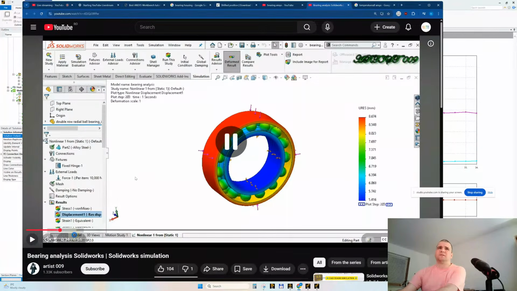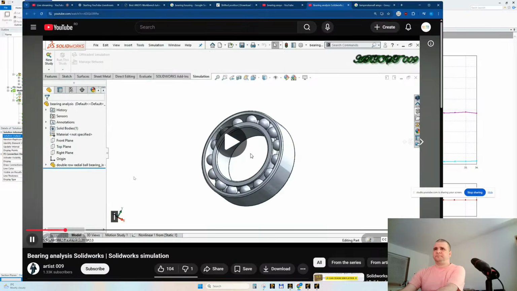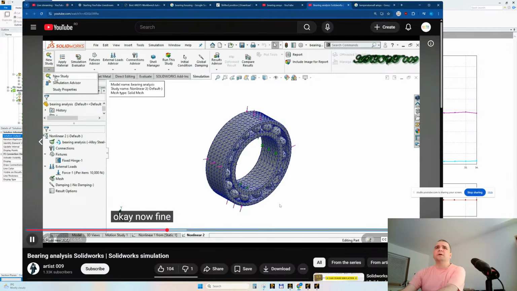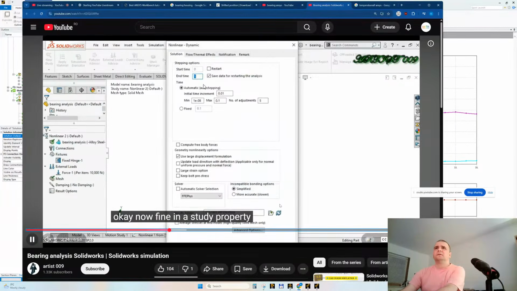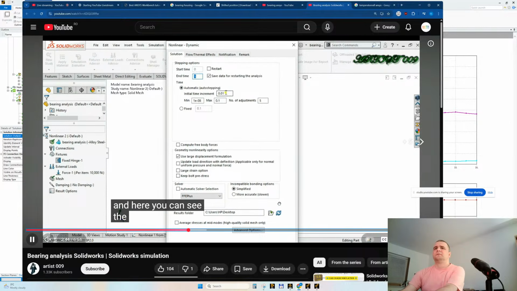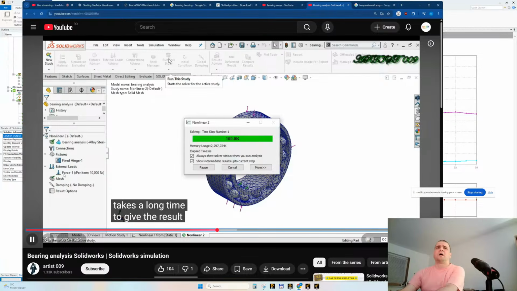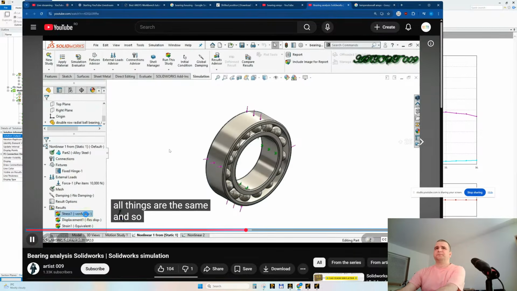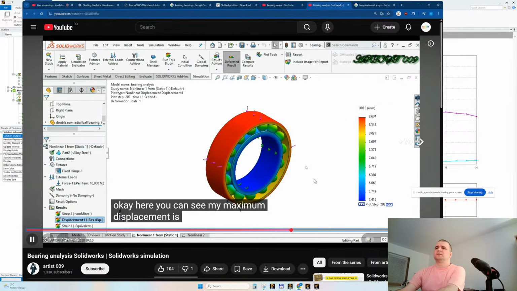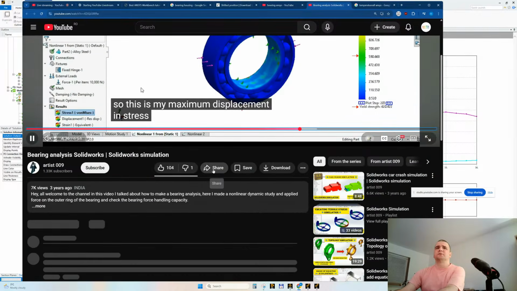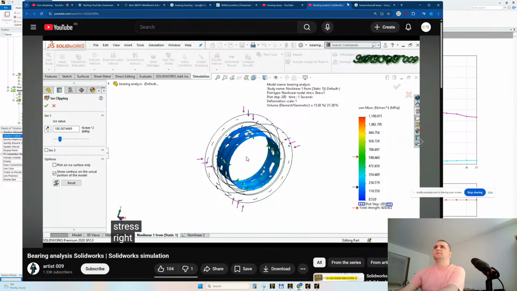Oh my God. Force, which is pressure, yes. Come on. No, please. We cannot do this in a SolidWorks simulation because it's very limited.